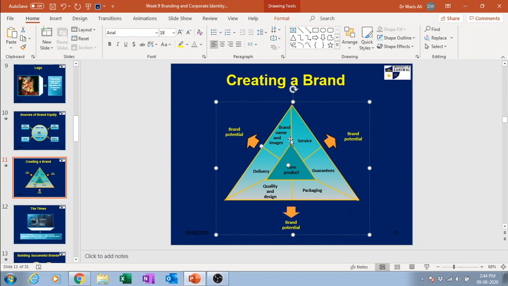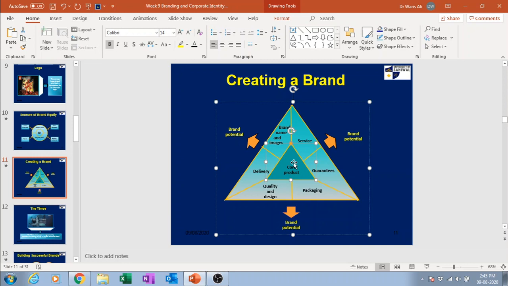Secondly, keep in mind one thing. Even before this, your core product must be an excellent product. That is very important. Core product means, for example, I'm hungry. That is my need. And the item that satisfies my hunger need is, say, a burger.